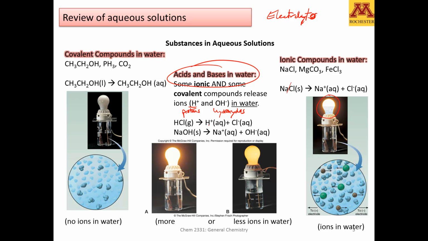So even though hydrogen chloride is a covalent compound, it releases H+ in water. Therefore, solutions of acids and bases, even though they are mostly covalent compounds, can conduct electricity because they have ions. Of course, sodium hydroxide releases OH negative. It's already an ionic compound, but it behaves like a base, as we will define in just a few seconds.